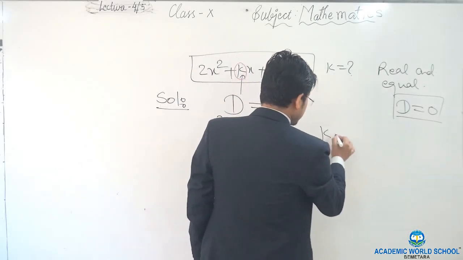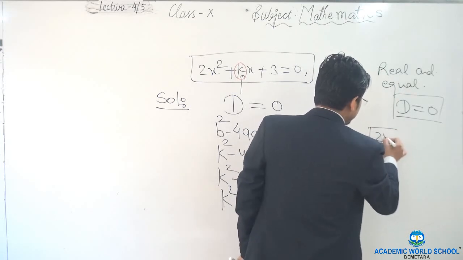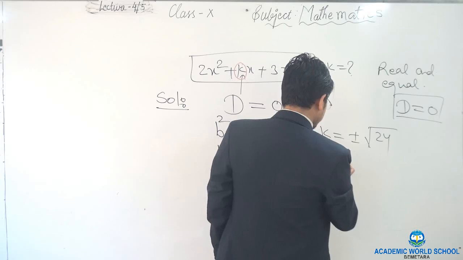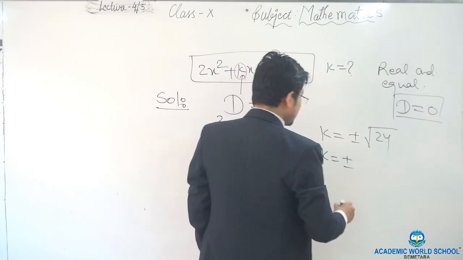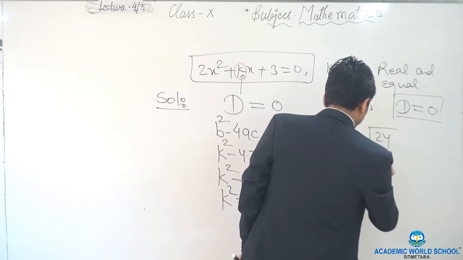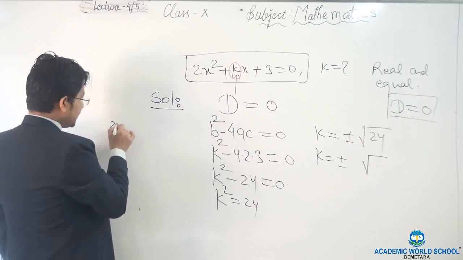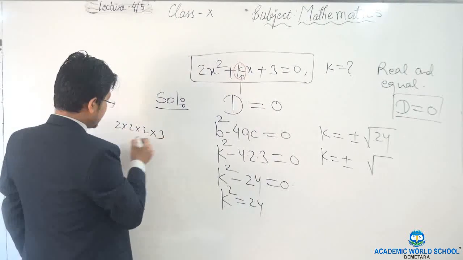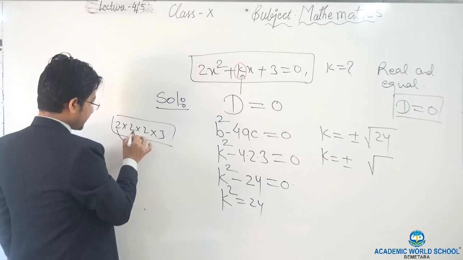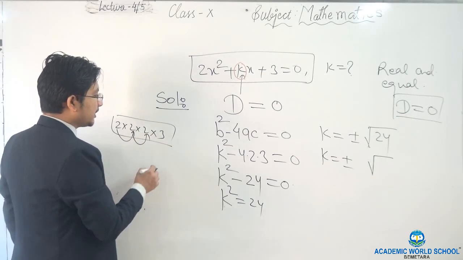Therefore k is equal to plus minus root 24. And 24 can be written as, we can take something outside. For 24 what do we get? 2 into 2 is 4, into 3, 4 into 2 is 8, into 3 is 24.